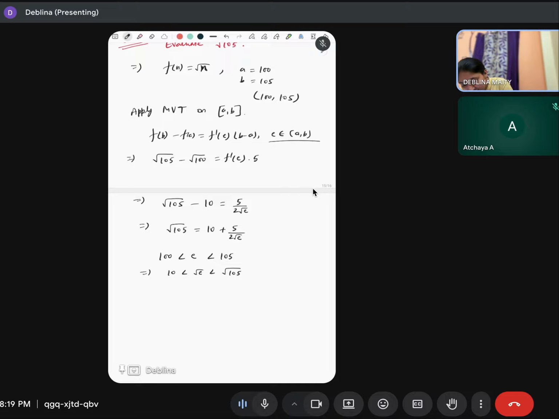Now if we replace this 105 by a square number, the nearest is 121, which is the square root of 11, right? Then we'll get 1 by 10 is greater than 1 by root c, greater than 1 by 11.